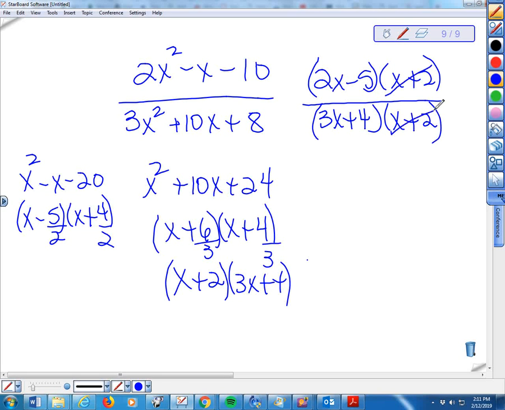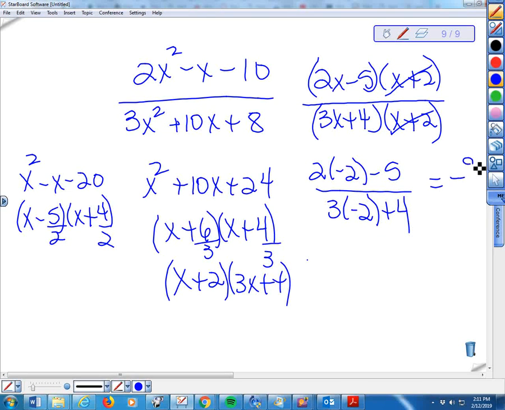I still have a hole at negative 2. 2 times negative 2 minus 5 over 3 times negative 2 plus 4. Negative 4 minus 5 is negative 9. Negative 6 plus 4 is negative 2. So it's 9 halves. So my hole happens to be at negative 2, 9 halves. So that's my first thing. I found a hole. Okay.